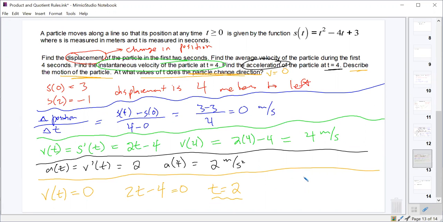And so it tells us at least that it changes directions at t equals 2, most likely. Let's look at this on a sign chart. Here's t equals 2. Tell me about the velocity. Here's 0 and here's infinity, right? Because that's our domain for t. t is greater than or equal to 0. Tell me what happens anywhere between 0 and 2 with the velocity.